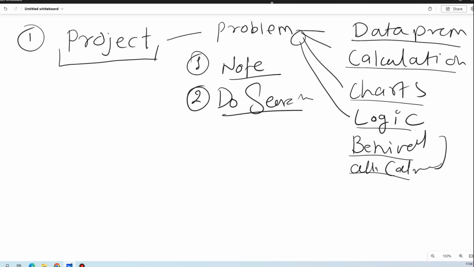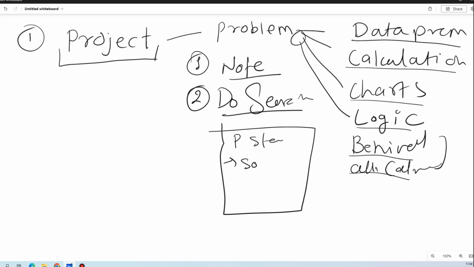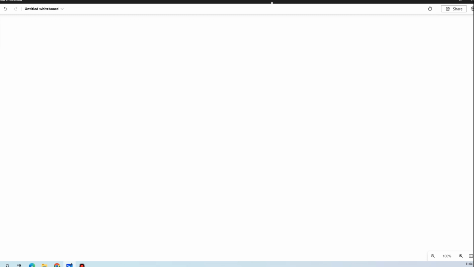Now you have to prepare a note with your problem statement and solution: what was the problem and how did you fix or rectify that problem? This is supposed to be done from your side. If you do it genuinely on your own, you will not face any problem explaining your Tableau related work or Tableau project.